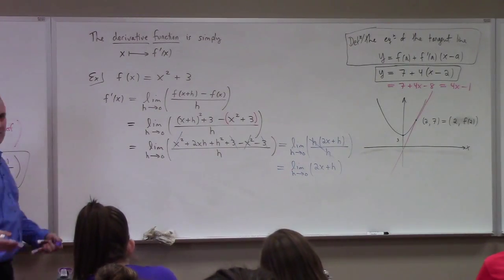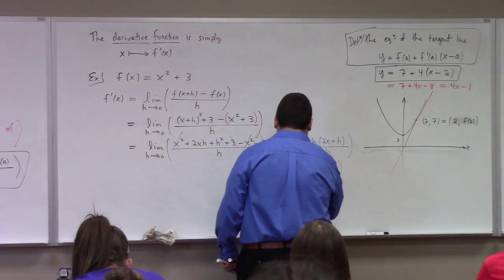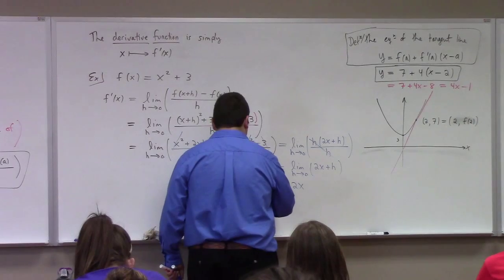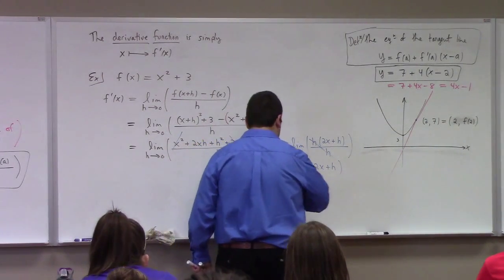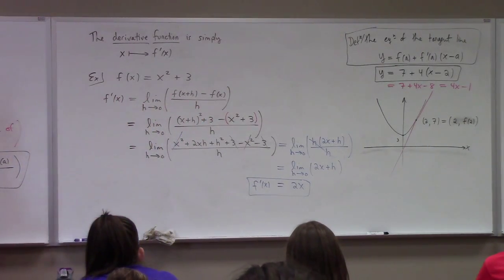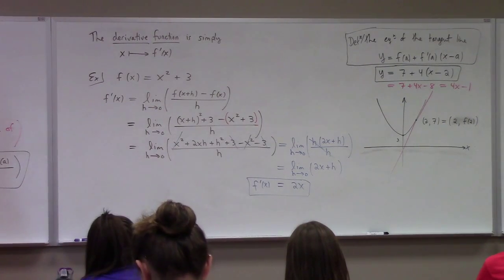Yeah, it's just 2x. x has no h dependence, so as h goes to 0, we just get 2x. In other words, I have f prime of x is equal to 2x. So the derivative function corresponding to the given f of x here is 2x.